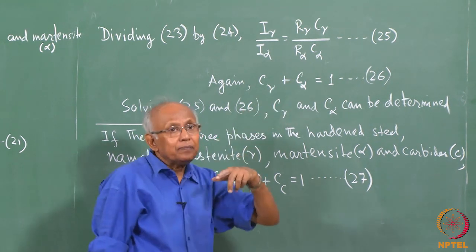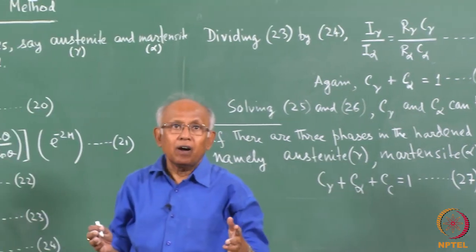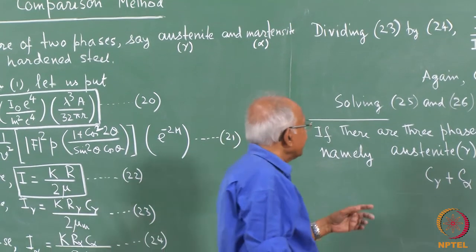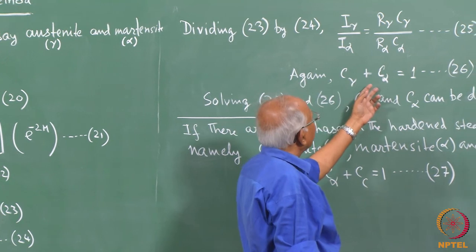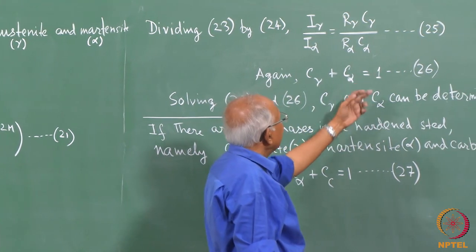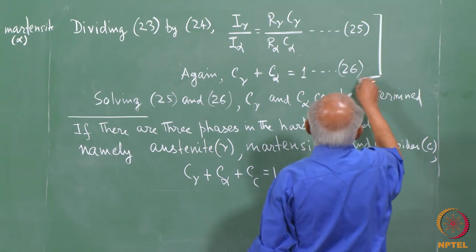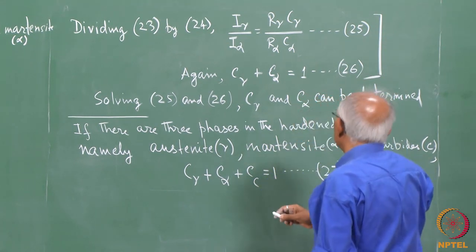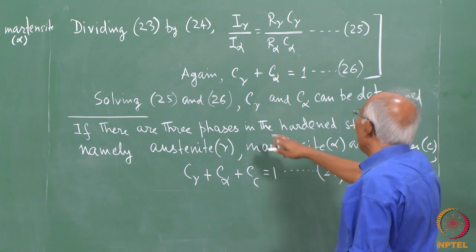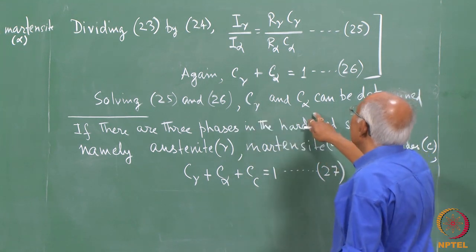Again, you know that if it is a two-phase mixture of austenite and martensite only, then C gamma plus C alpha equal to 1. Now, if we solve these two equations, then it is possible to determine the value of C gamma and C alpha.